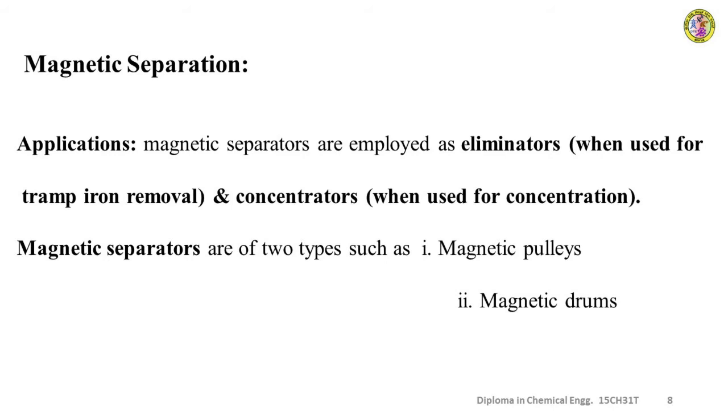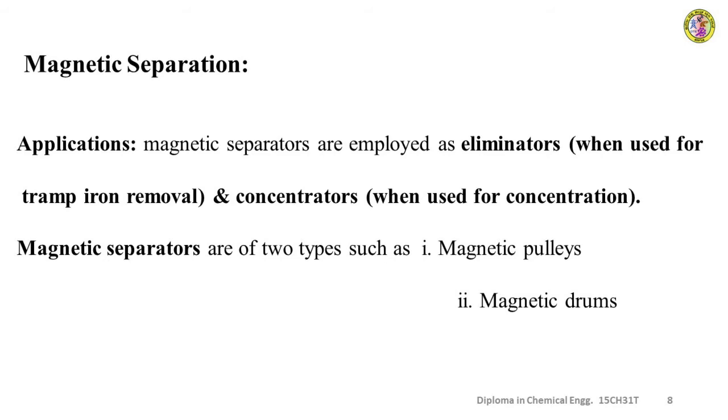So tramp iron removal is one application of magnetic separation. In that case, the magnetic separators are called eliminators, and wherever magnetic separation is used for concentrating magnetic materials from non-magnetic materials, they are called concentrators.